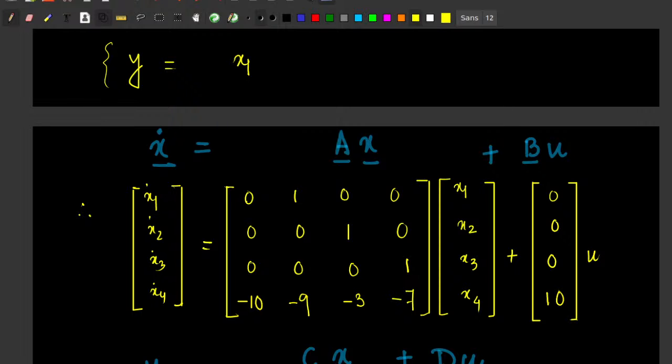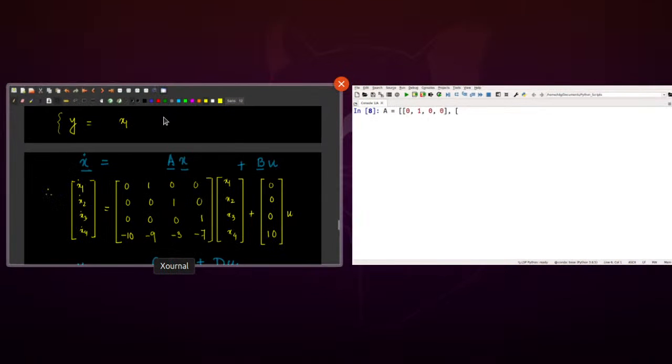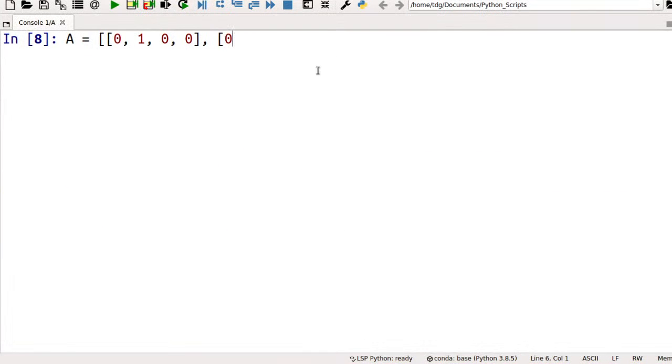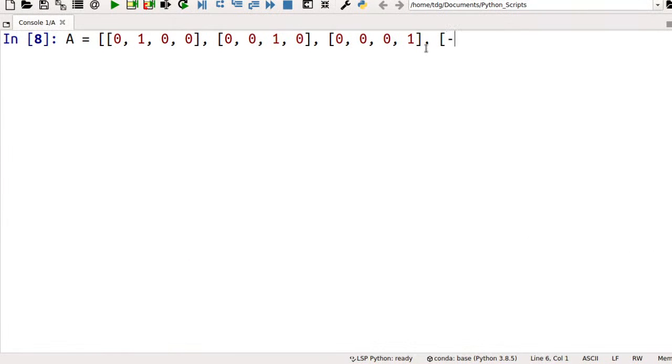This was 0 1 0 0, and then 0 0 1 0, and then 0 0 0 1, and then minus 10, minus 9, minus 3, minus 7.